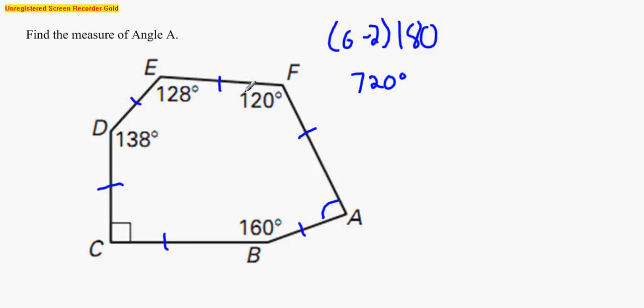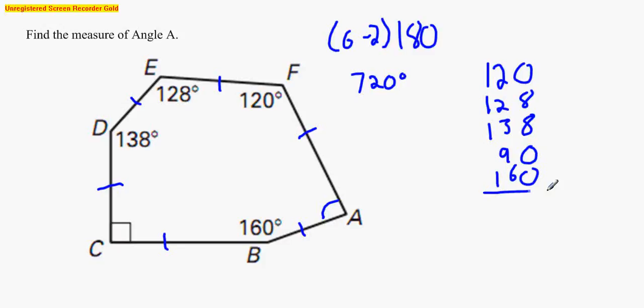And so now what we've got to do is figure out, if we add all these up, what they'll add up to. So I'm going to do that over here on the side. Okay, so we got 120, we got 128, we got 138, we got 90, and we got 160. Okay, and we're going to add all those up. So we got 0, we got 16 there, 8 plus 8 is 16. We put our remainder up here.